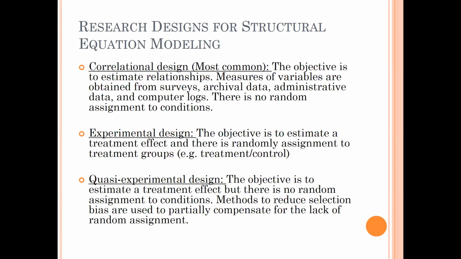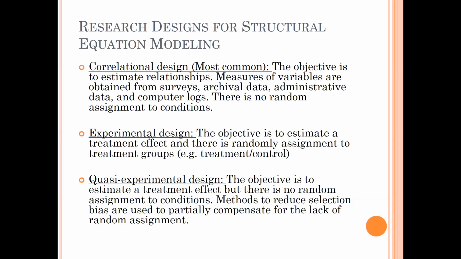In an experimental design, the objective is to estimate the treatment effect, and there is random assignment to treatment groups. The most common is to have a single treatment and a single control group, but you can have experimental designs with multiple treatment groups. You can even have experimental designs where individuals are assigned to dosages of treatment. The key for an experimental design is that individuals are randomly assigned to conditions.